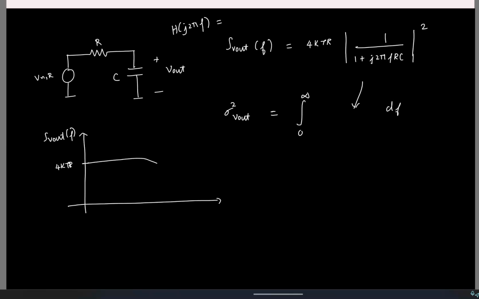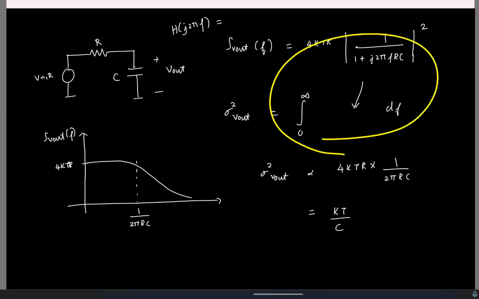And then it's going to get low pass filtered like this. And of course we know the 3 dB bandwidth is 1 by 2πRC. So if I take the area under the curve, at least it makes sense that the mean square value must be proportional to the low frequency value times the bandwidth, right? Something like this, and it can be shown that this actually is equal to kT by C. You can work out this integral and show that, but it will come out to be kT by C.